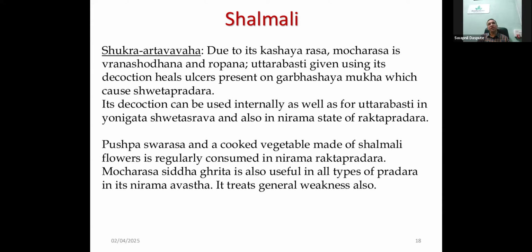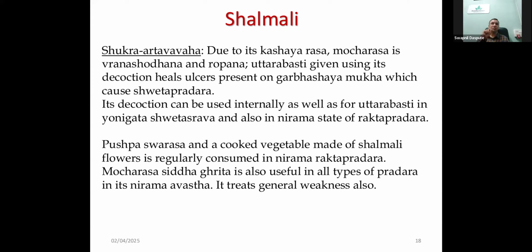So if there are any ulcerations or wounds present on the cervix, Garbhashay Mukha is basically cervix. Uttarbasti is given through the cervix basically.